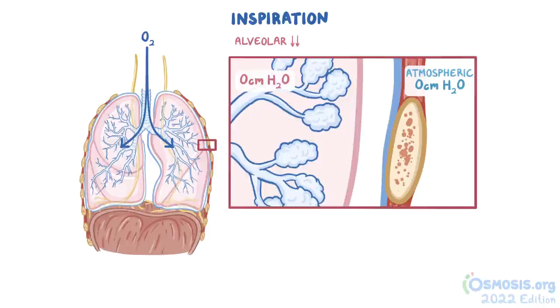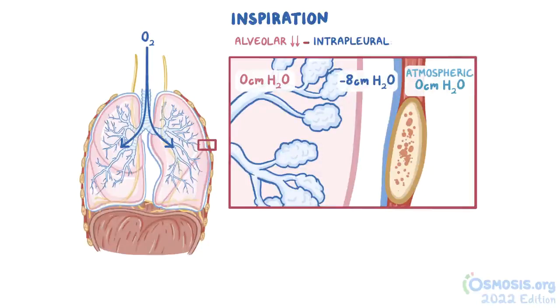At the same time, as lung volume increases, this compresses the intrapleural cavity, but the intrapleural pressure always remains lower than the alveolar pressure, reaching the value of -8 centimeters of water at the end of a normal inspiration.